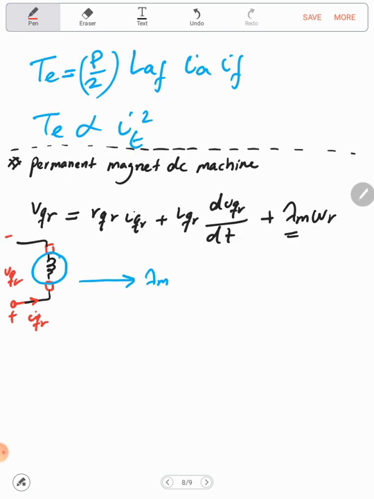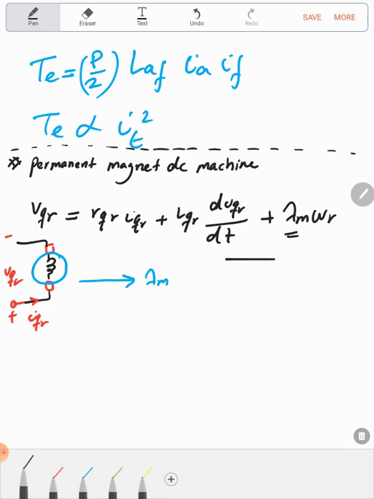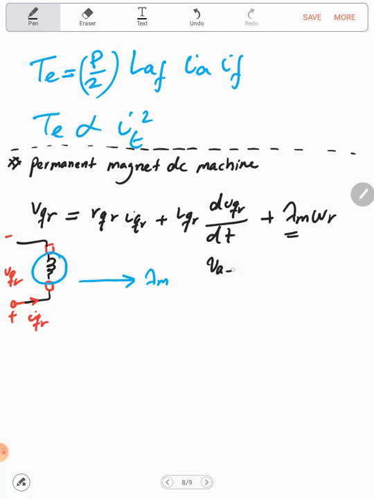Now in terms of the machine variables, we can write the voltage equation V_A equals R_A I_A plus L_A dI_A/dt plus the back EMF, and the back EMF is proportional to omega_r, since lambda_m is constant.